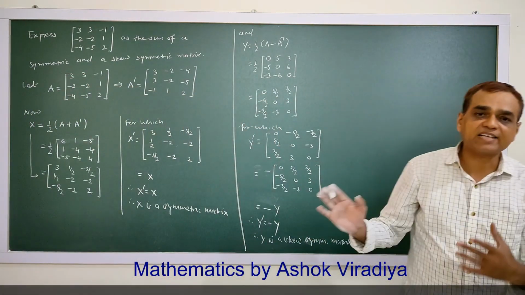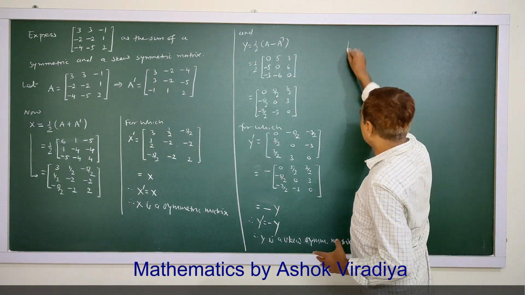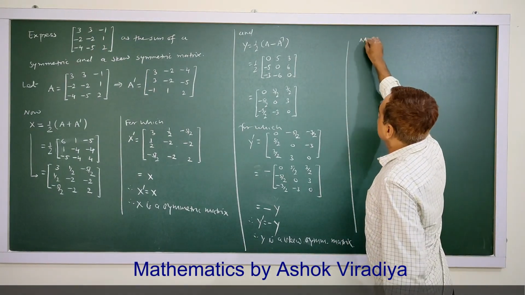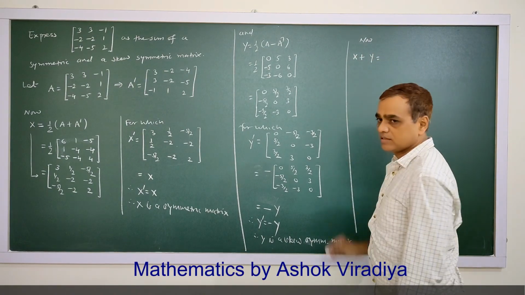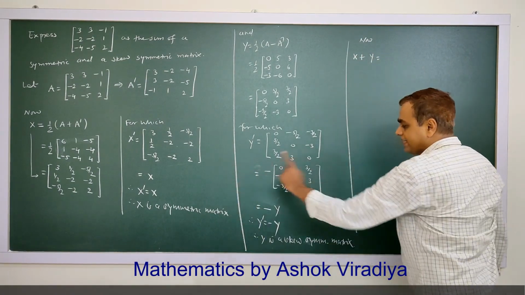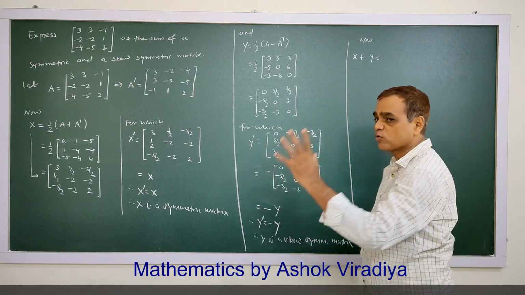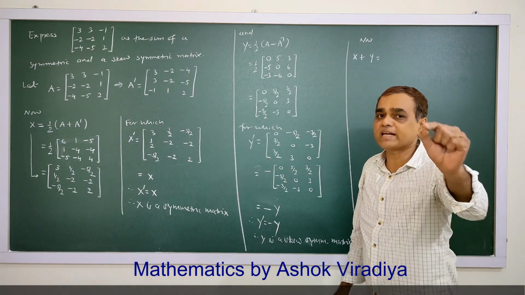Now we add x and y. Now x plus y. The sum of this symmetric and skew symmetric matrix, we are going to show that it is the given matrix.